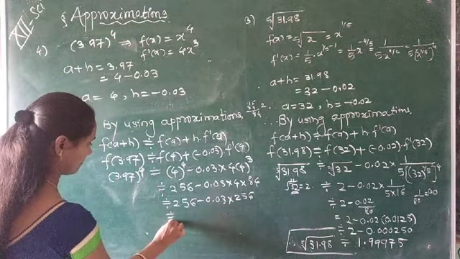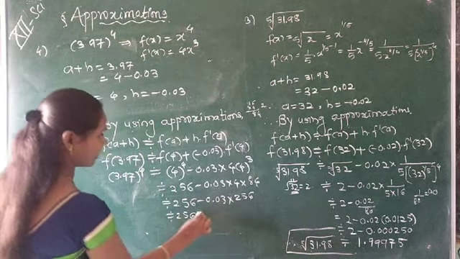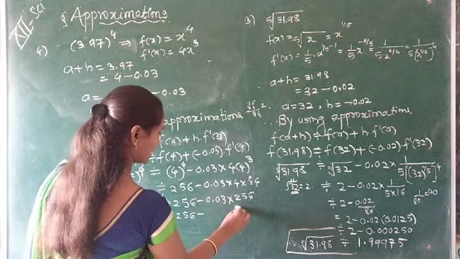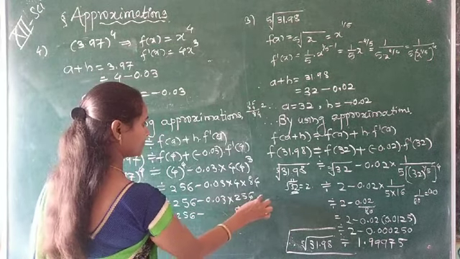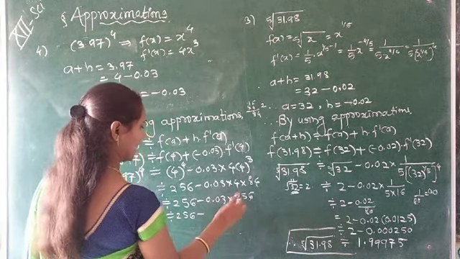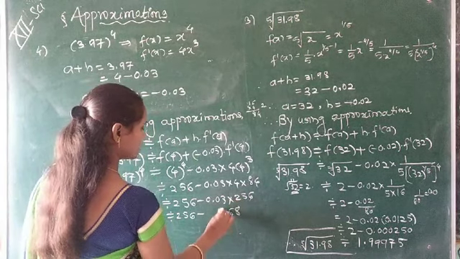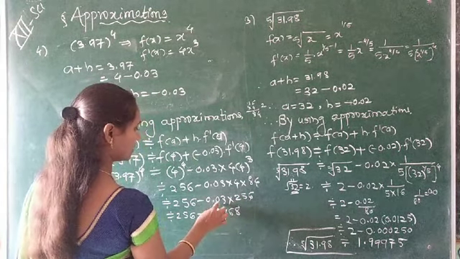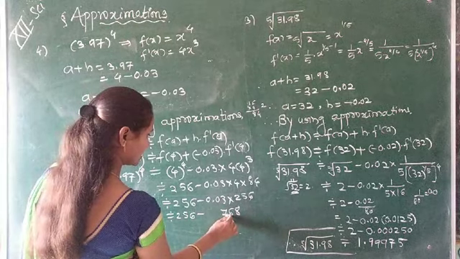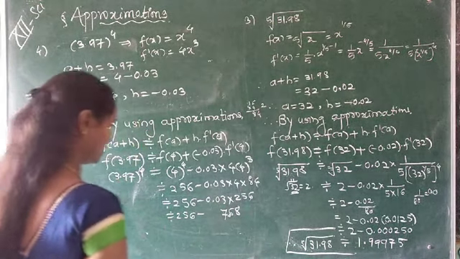Now, 256 minus 0.03 into 256. 3 6s are 18, 3 5s are 15, 15 plus 1, 16, carry 1, 3 2s are 6, 6 plus 1, 7, and we have to take 2 decimals. That means it is 7.68.